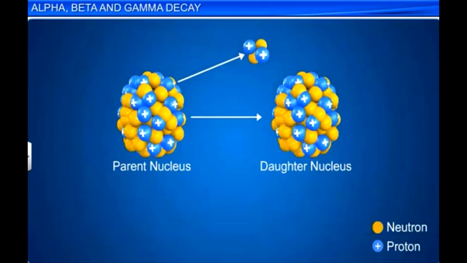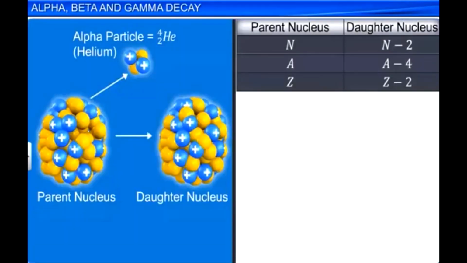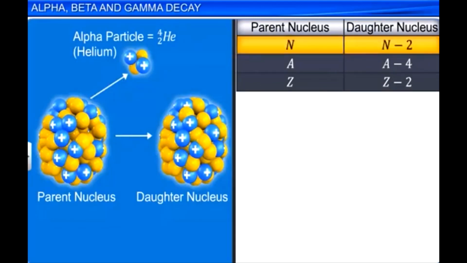An alpha particle is a helium nucleus containing two protons and two neutrons. That is, its mass number is 4 and atomic number is 2. Since an alpha particle is a helium nucleus, when an unstable nucleus emits an alpha particle, its neutron number as well as proton number reduce by 2.